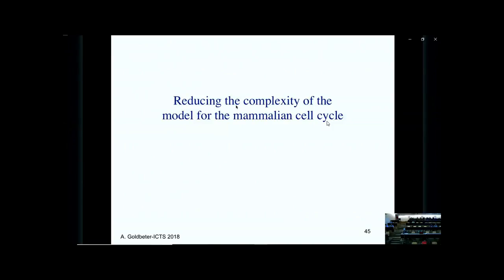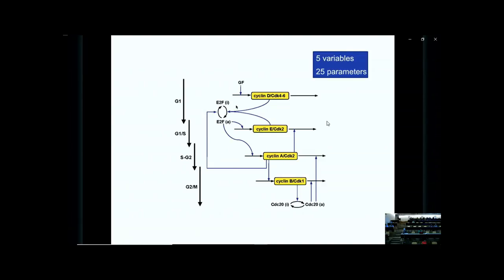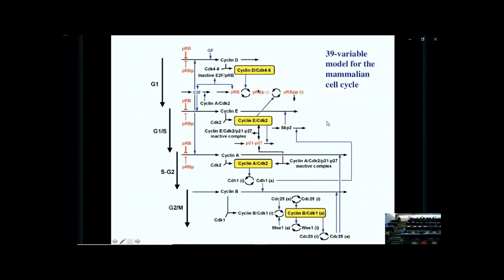Now, is it possible to reduce the complexity of the model for the mammalian cell cycle? This was indeed done in building what we call the skeleton model for the CDK network. The idea behind the skeleton model is to retain the same regulatory structure. So there are still 4 modules of cyclin CDKs, but we remove many biochemical details. For example, there is no phosphorylation, dephosphorylation.